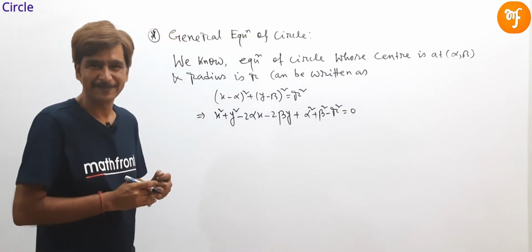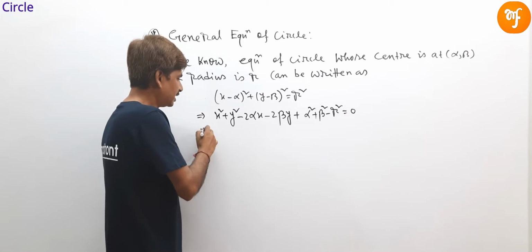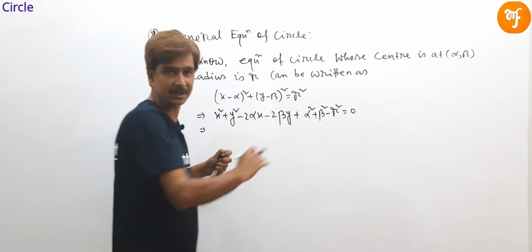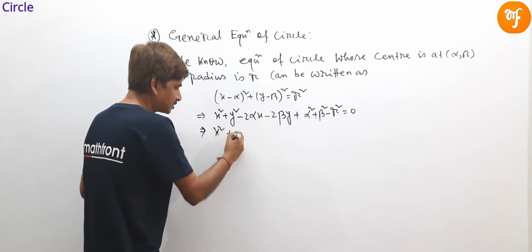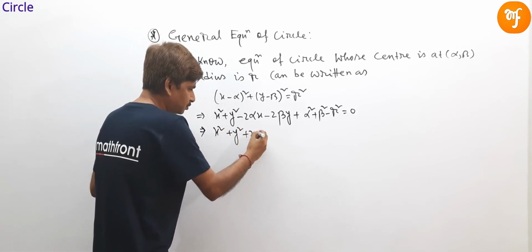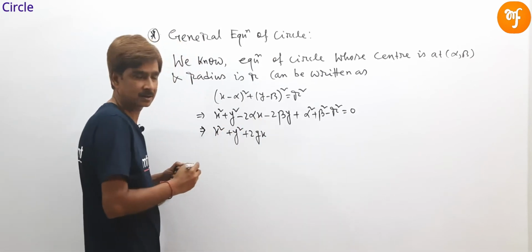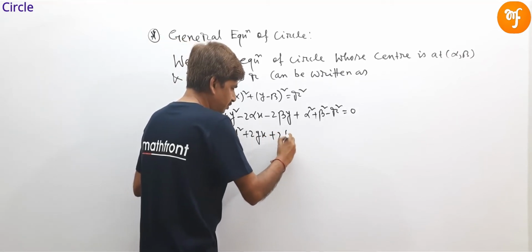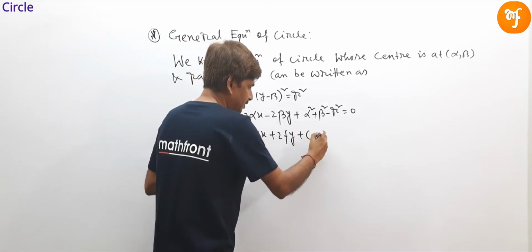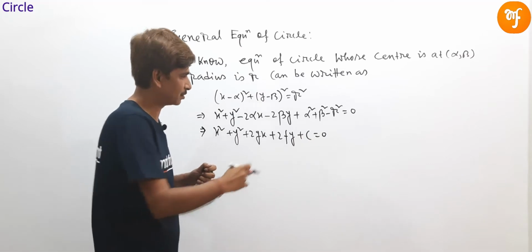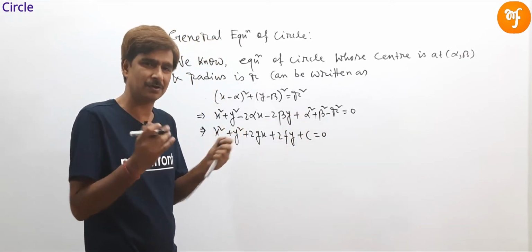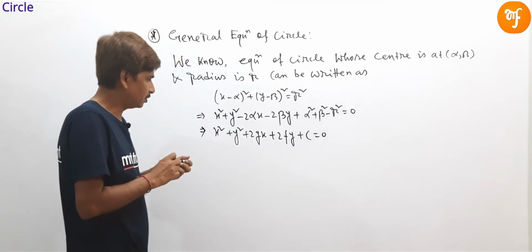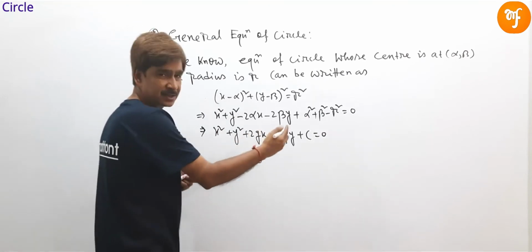Is it? So, we can write this equation as x square plus y square plus 2 into g into x plus 2 into f into y plus c is equal to 0. c is a constant, and alpha square plus beta square minus r square is also a constant. Okay.